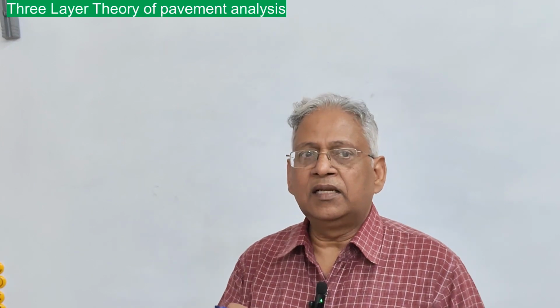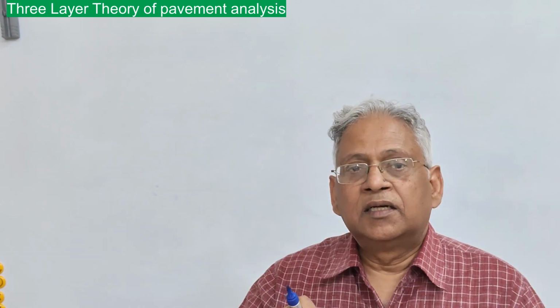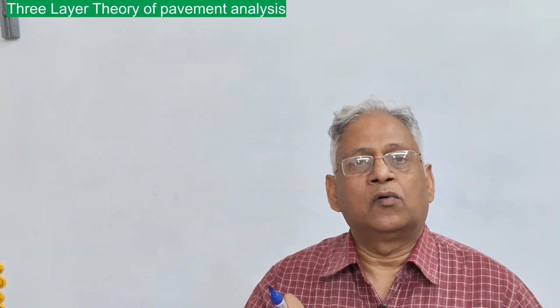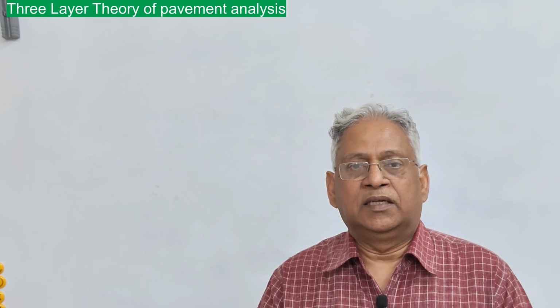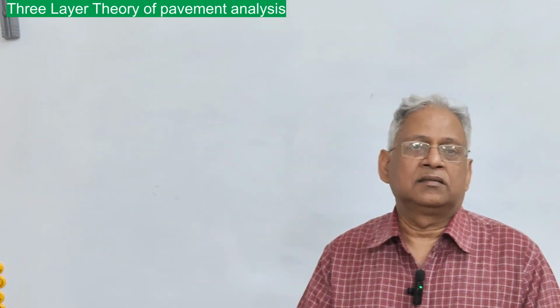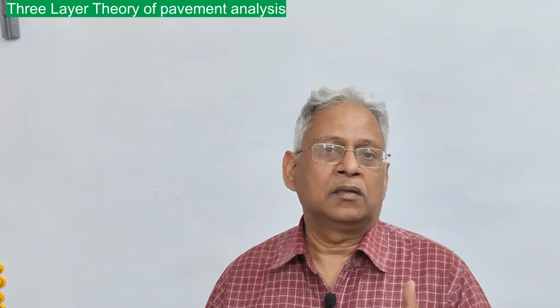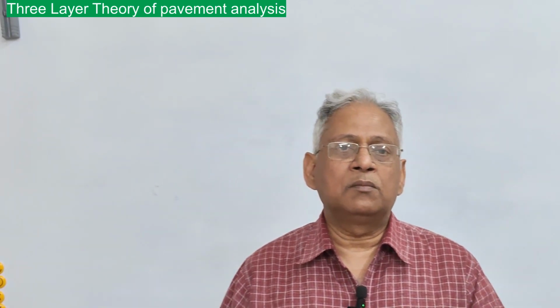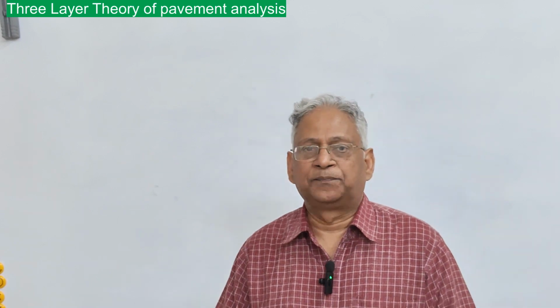Now, in the three-layer theory, we assume that the flexible pavement is made of three layers. The top layer consists of all bituminous layers. The second layer, that is the middle layer, consists of all unbound aggregate like base and sub-base layers, and the bottommost layer is of subgrade.